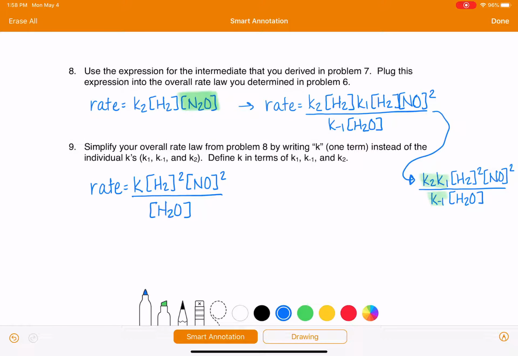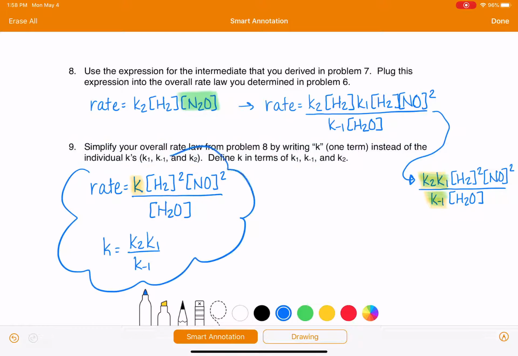And then on the side, we'll say K, this term that we introduced right here, K is in place of K2, K1 over K minus 1. So both of these parts together are the answer. We need, not only do we need the rate law, but we also need an explanation of what is meant by the rate constant K.